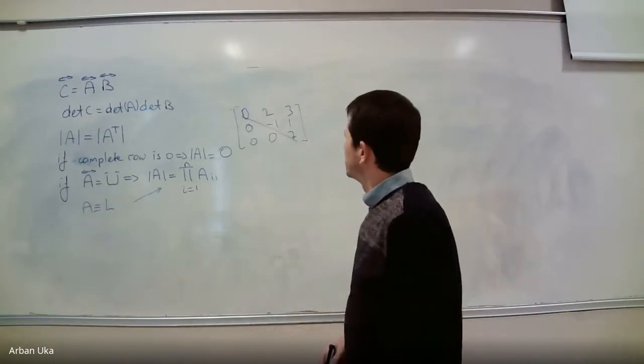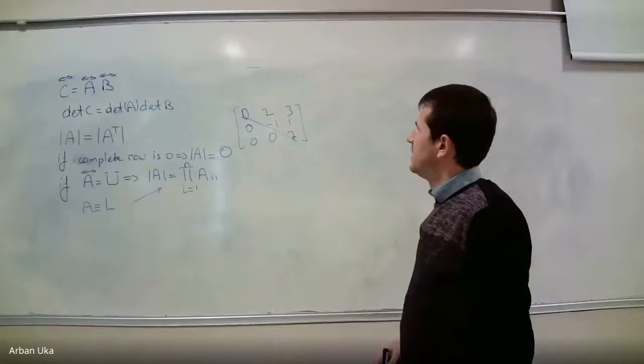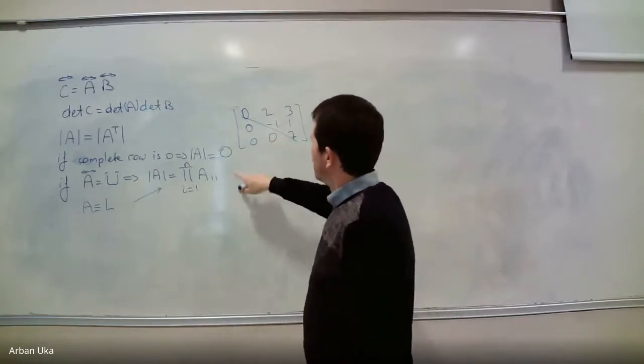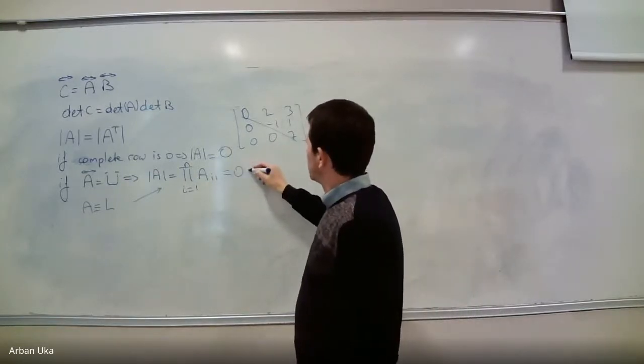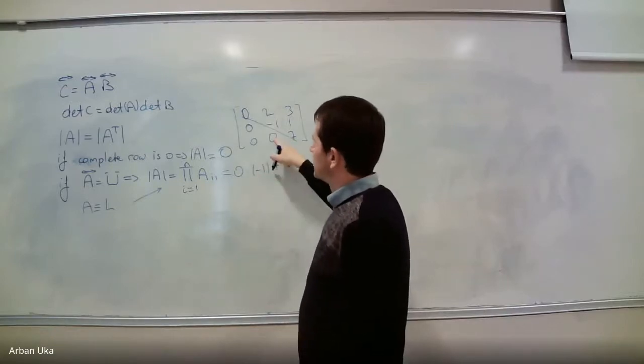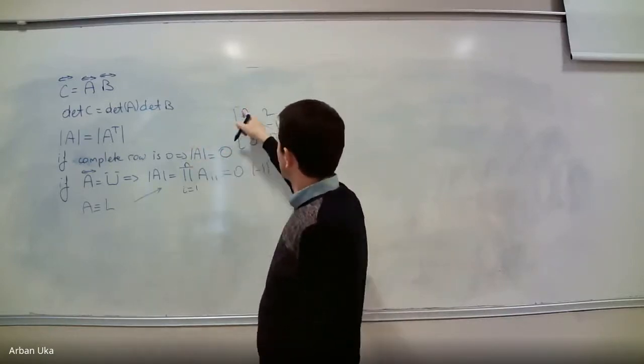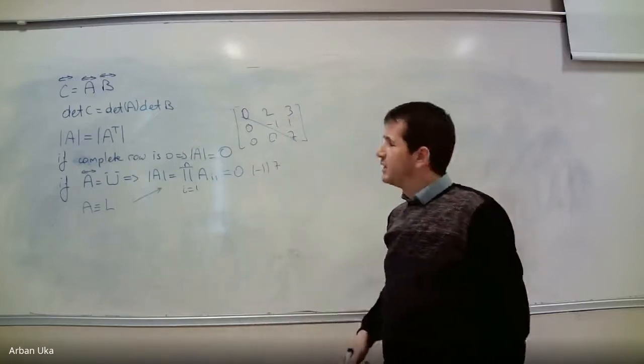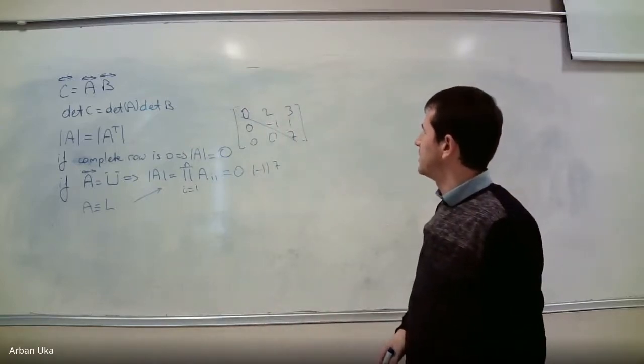What is the determinant here? 0, right? Because the product would be 0 times minus 1 times 7, so it's going to be 0. But we should not forget that this also has a complete column made of zeros. So that's a second argument.